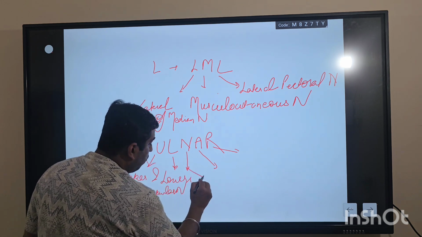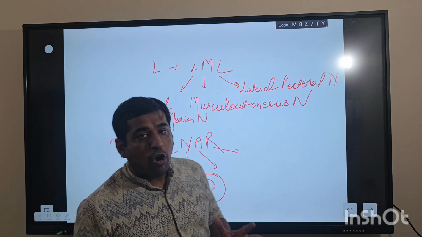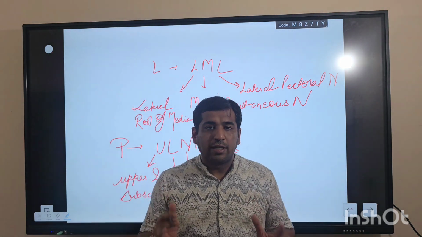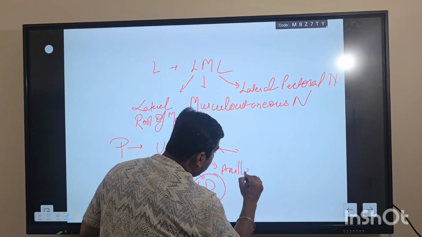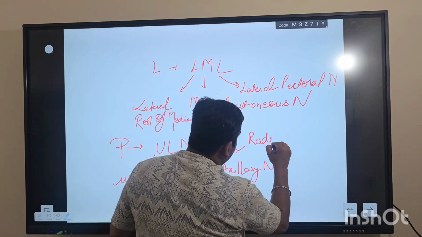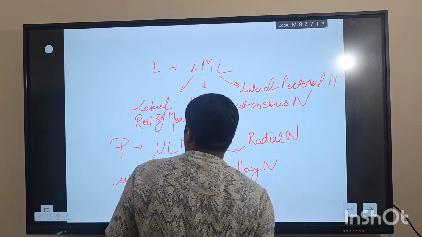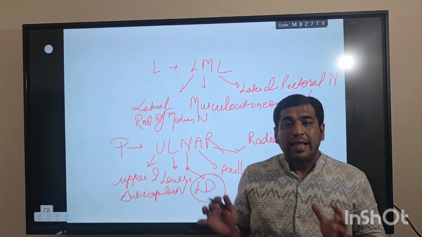Then we have the nerve to latissimus dorsi. The nerve to latissimus dorsi is also known as the thoracodorsal nerve. Okay, and A for axillary nerve and R for radial nerve. So it is the mnemonic for the posterior cord.